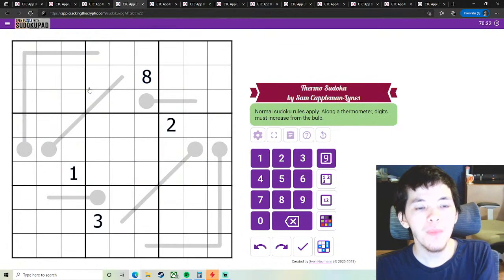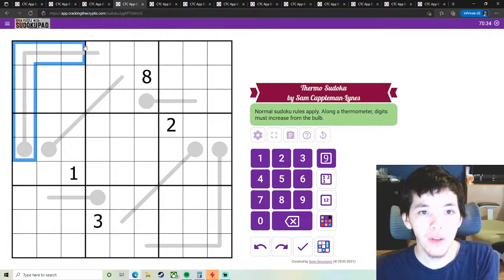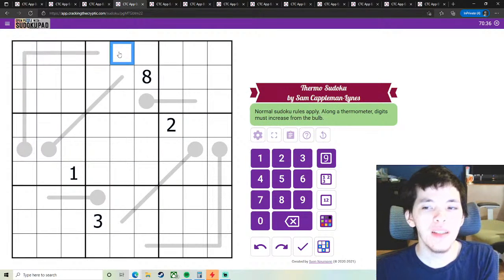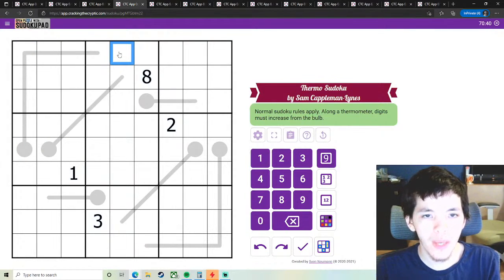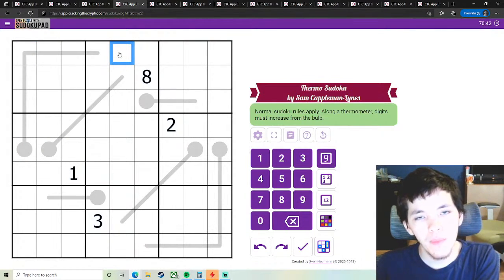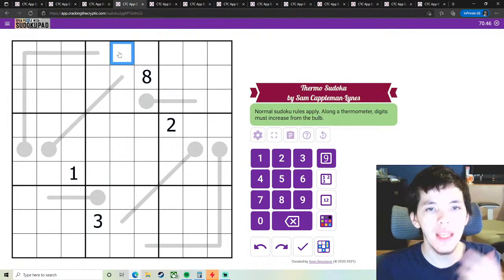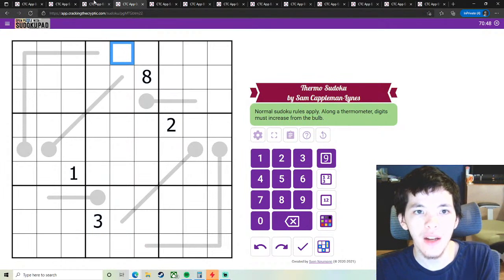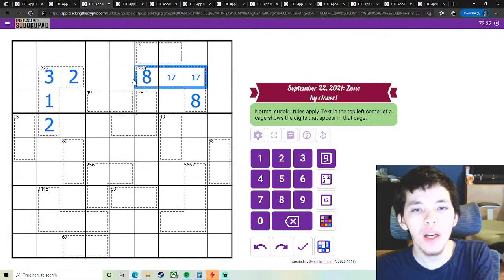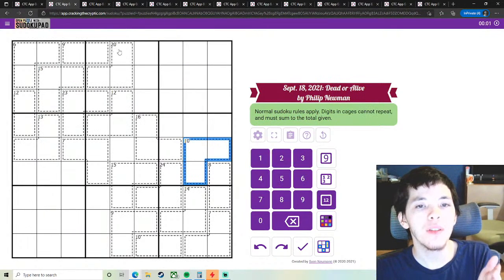So something else is these thermos. And I know this may seem overwhelming. I just want to really showcase the majority of common unique Sudokus. These are the ones that you can expect to see a lot of. Maybe not this specific one, where it tells you the specific digits inside of a cage, but cages themselves you'll see a lot.